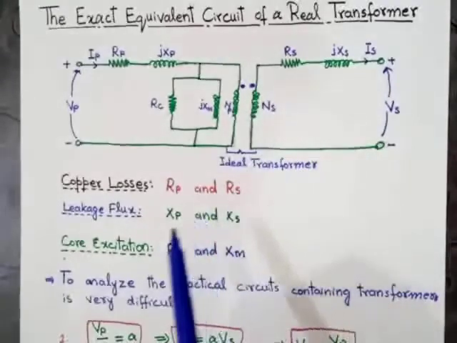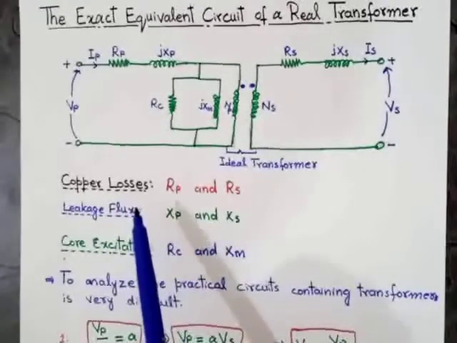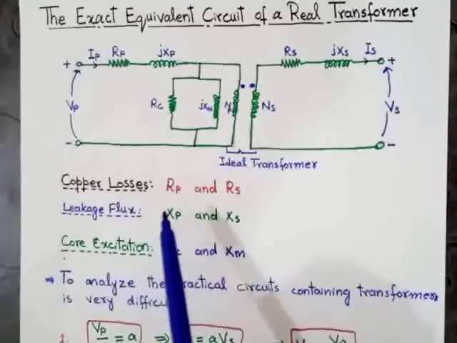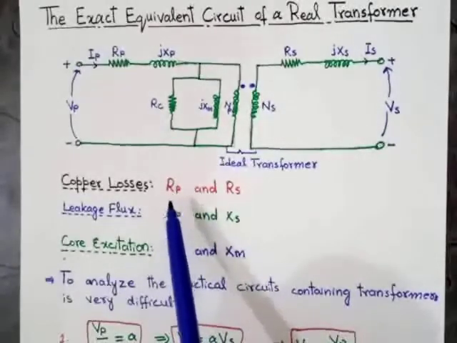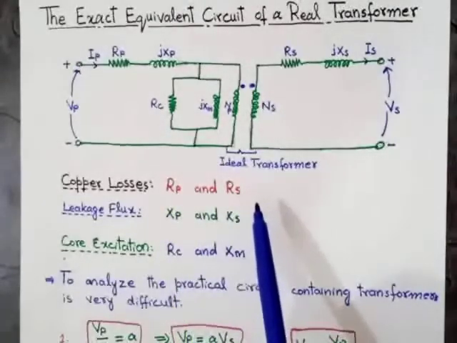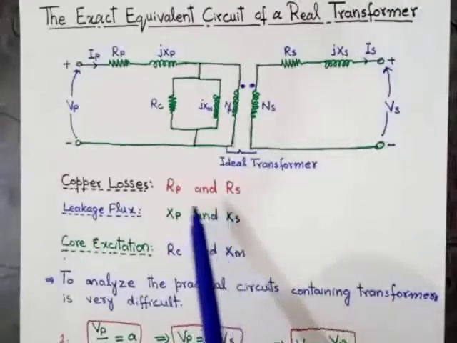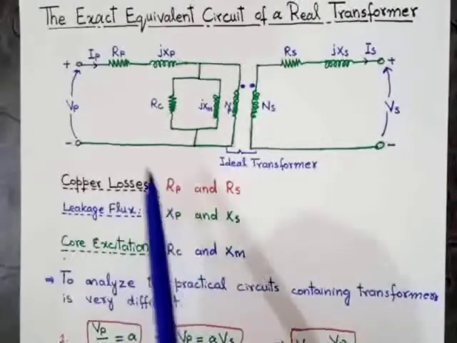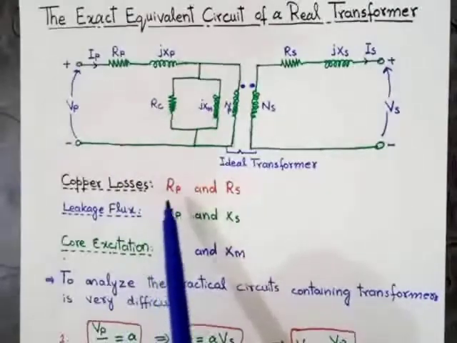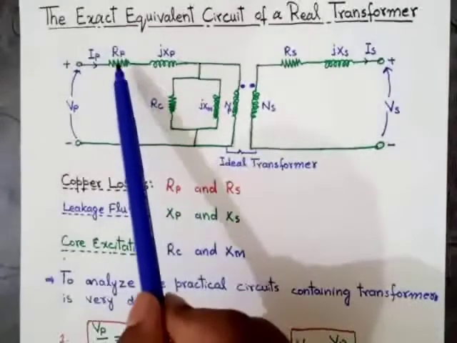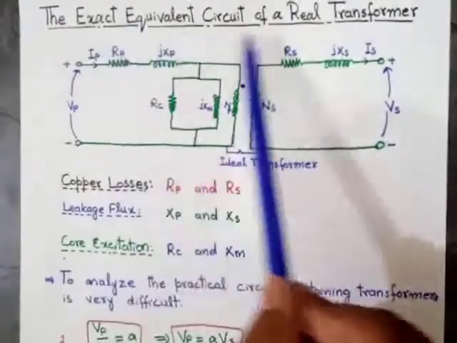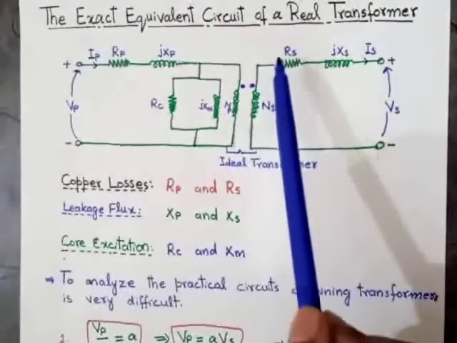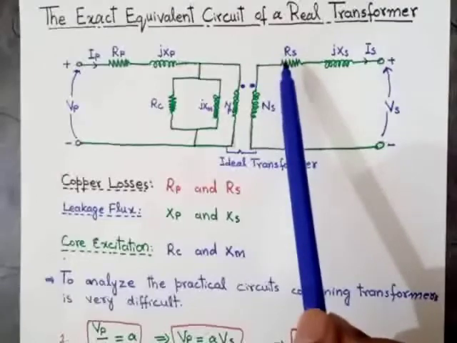We will represent the copper losses with RP and RS. RP is the primary winding resistance and RS is the secondary winding resistance. This is the RP and this is the RS. These two show the copper loss equivalent parameters.